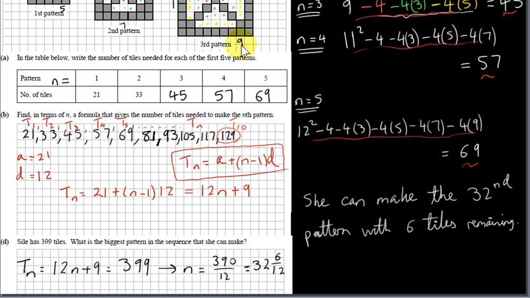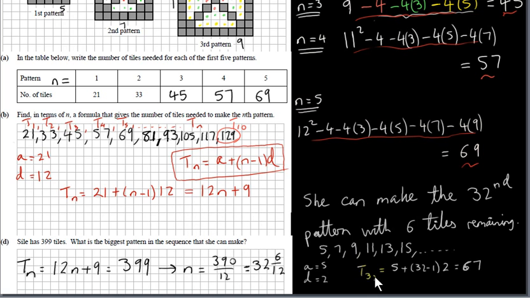As we increase the number of patterns by 1, the sides increase by 2 tiles. So if we want the side of the 32nd pattern, we would have to look at this sequence here. It's 5, 7, 9, 11, 13, 15, and so on. It's an arithmetic sequence. The first term is 5. The common difference is 2.